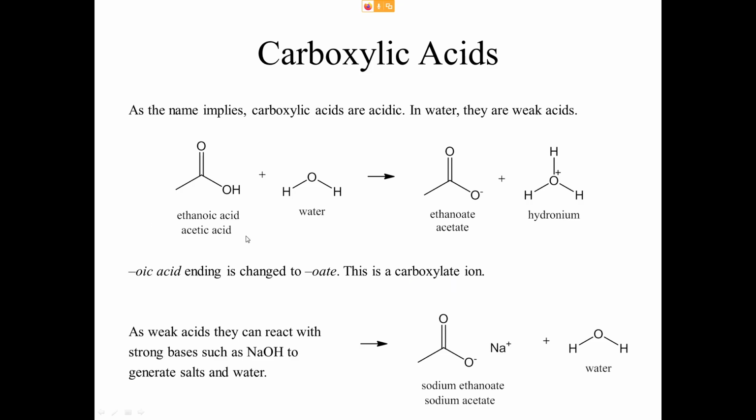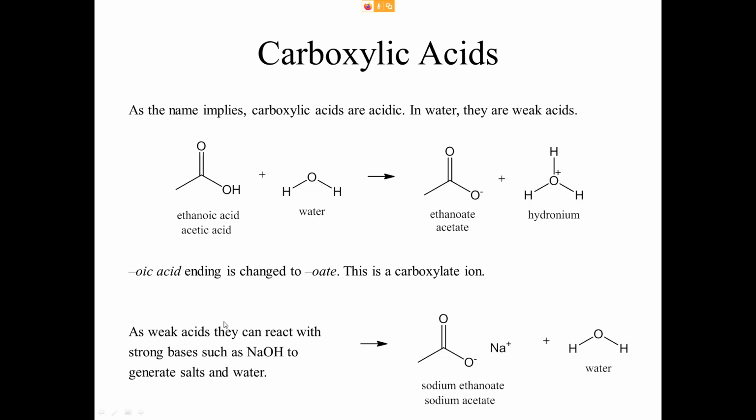Right, and all carboxylic acids do this. Some to a greater degree than others, but they all do it. So you'll lose the H, become O minus, and that's called the ethanoate now. And this is going to be important for next time when we talk about esters, because it's almost the same reaction.